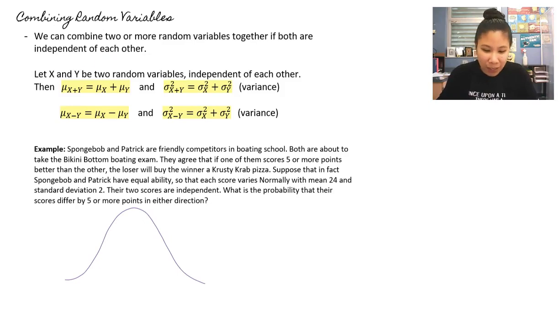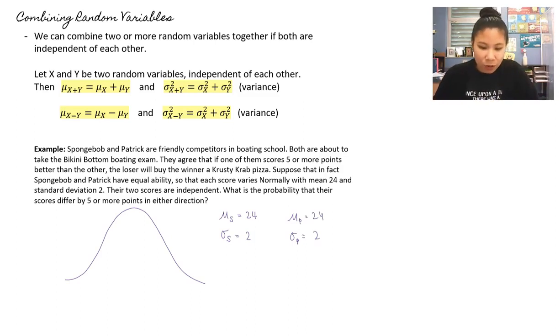The problem also said that they both have equal ability, so each of their means is 24 and standard deviation is 2. So the mean of SpongeBob is 24, the standard deviation of SpongeBob is 2, the mean of Patrick is 24, the standard deviation of Patrick is 2.